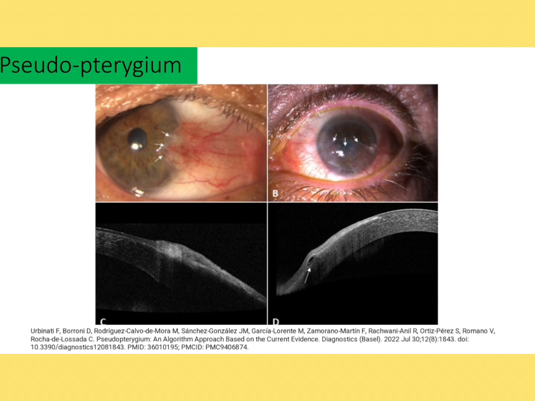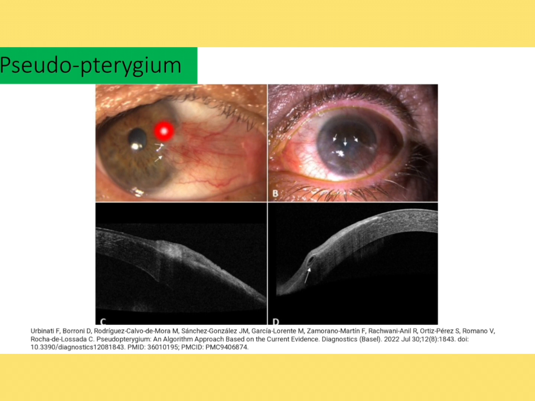So pterygium is a condition that causes fleshy overgrowth of the conjunctiva in the eye, while pseudopterygium is the condition that causes adhesion of the conjunctiva to the peripheral cornea. This pseudopterygium happens after an eye injury, where there is damage to the corneal limbus cells that leads to adhesion of conjunctiva to cornea.